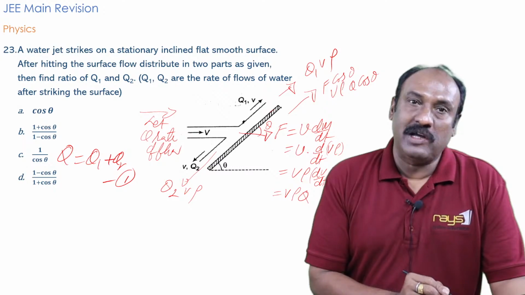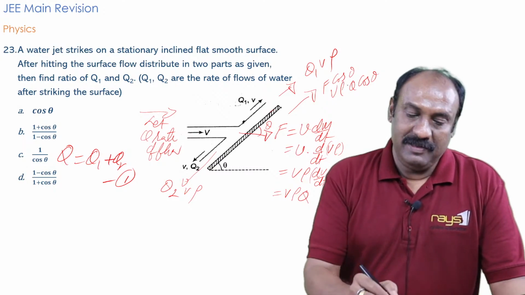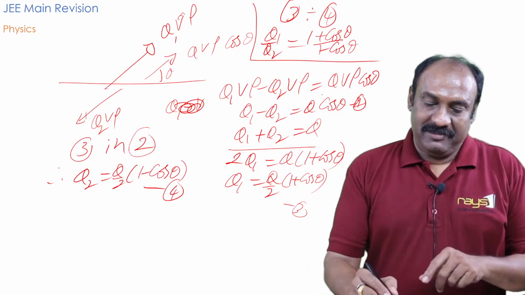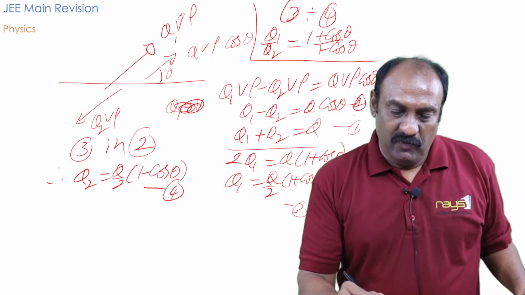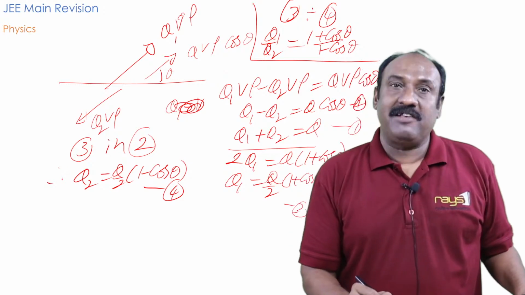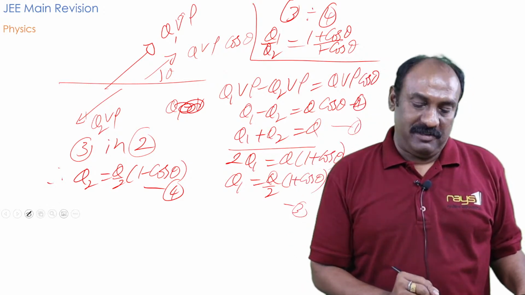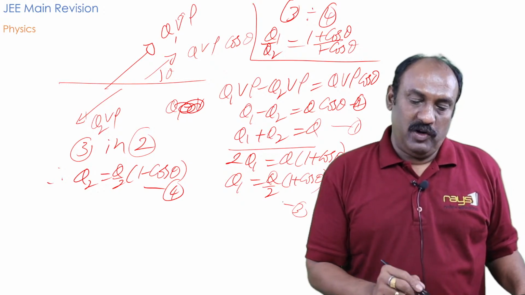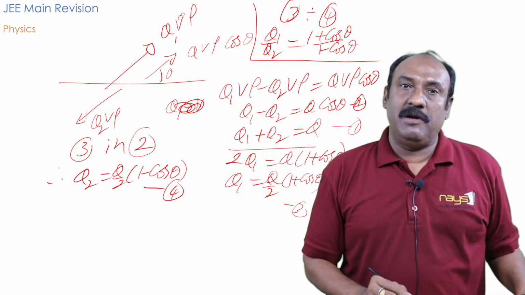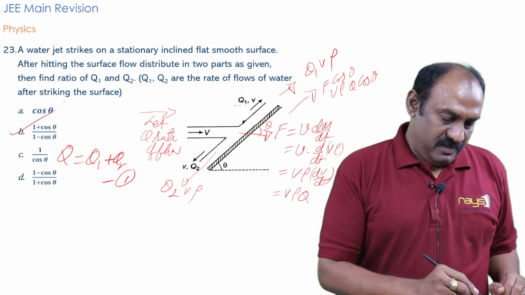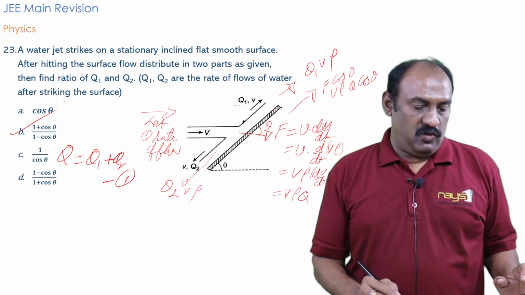So I write Q equals Q1 plus Q2, equation 2, and the earlier one as equation 1. By solving 1 and 2, we get Q1 as Q by 2 into 1 plus cos theta, and Q2 as Q by 2 into 1 minus cos theta. By dividing 3 by 4, we get Q1 by Q2 equal to 1 plus cos theta by 1 minus cos theta. So B is the answer for question number 23.